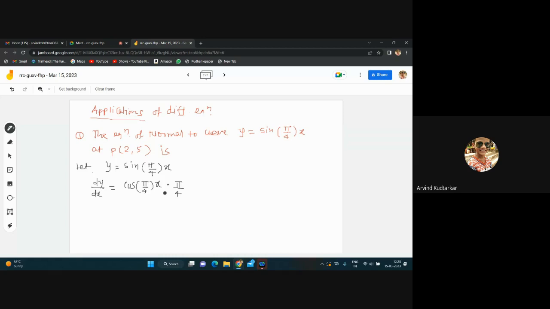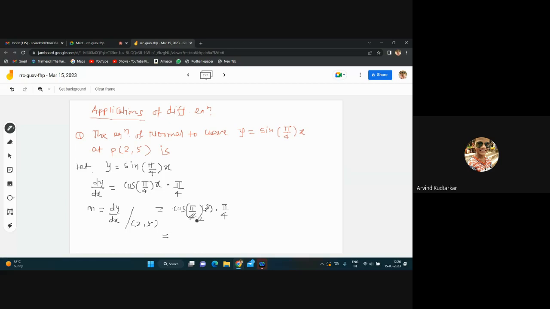So then what do we put in place of x? 2. So what will you get? Cos of pi by 4 into 2, pi by 4 into 2, into pi by 4 is there. Okay. So 2 gets cancelled. And cos pi by 2, you know already.